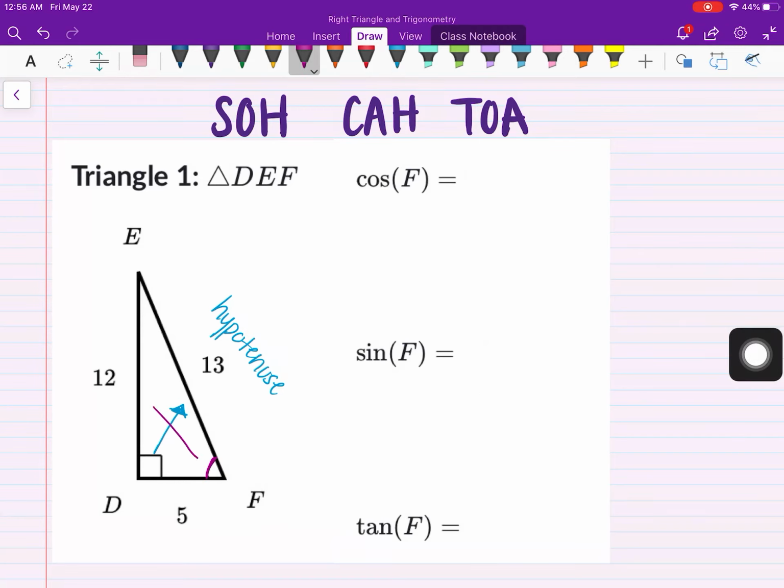Now, based off angle F, the side opposite to angle F is known as the opposite. In this case, that would be the 12. So this here is my opposite. And the side that shares the 90-degree angle, or the side that is next to my opposite side, would be the adjacent.